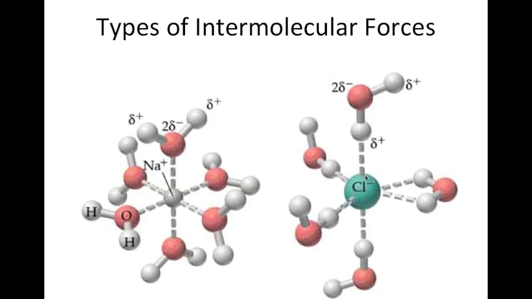With the negative anion, the partially positive hydrogen atoms are going to align themselves so that they come very close to the negative anion. Each of these dashed lines represents an ion-dipole interaction.